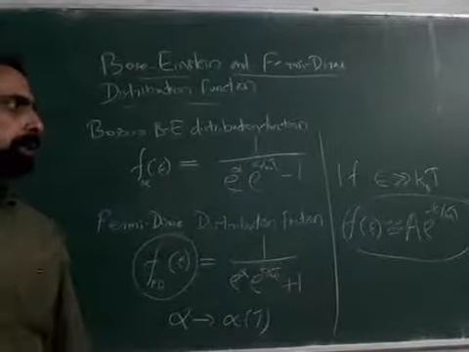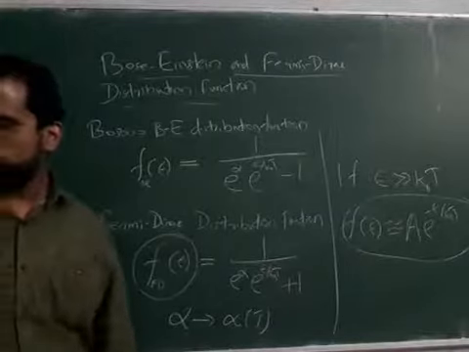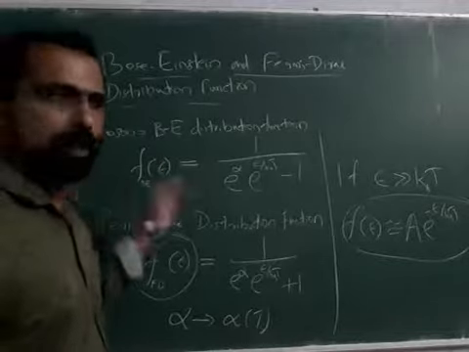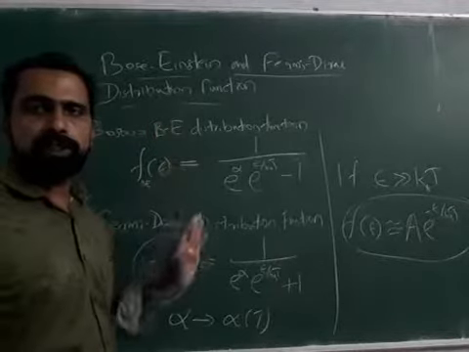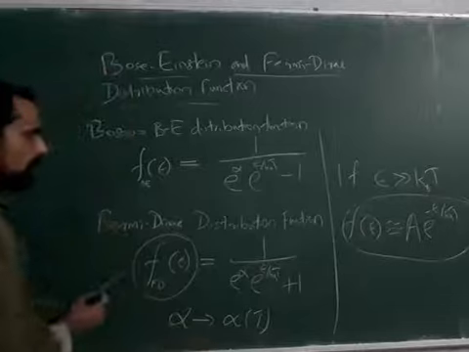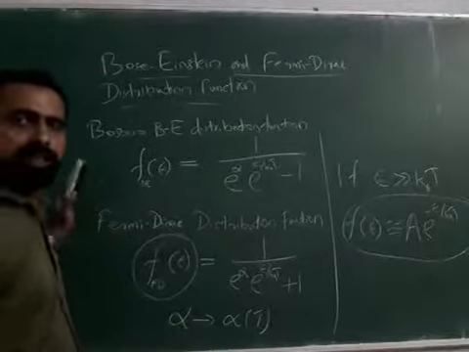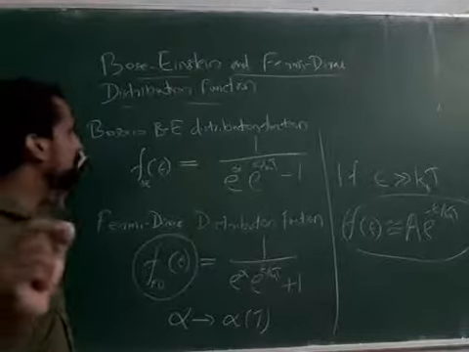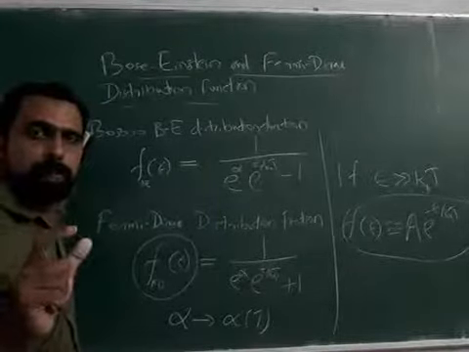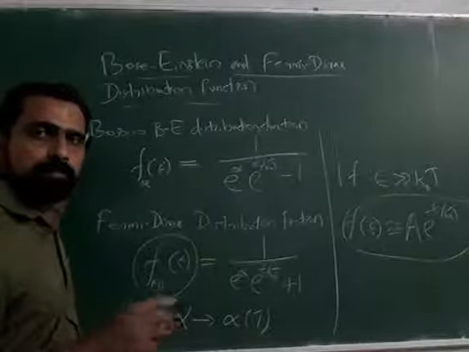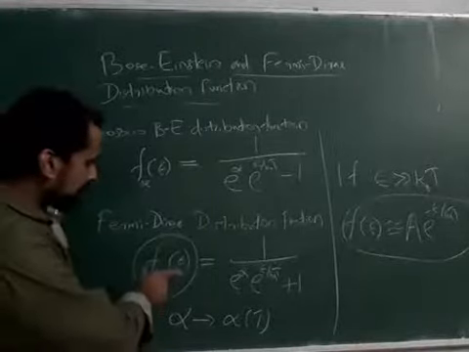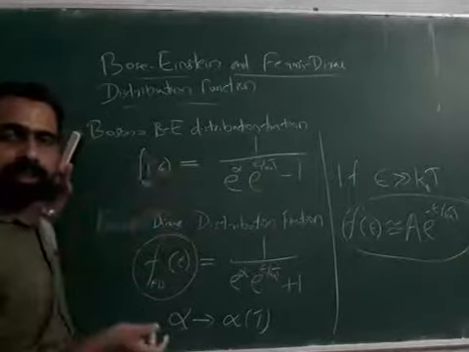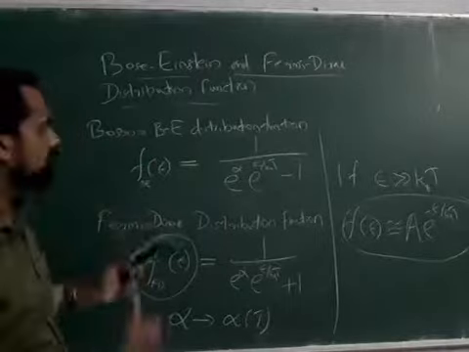If you draw the distribution function versus epsilon, the energy, for these three distribution functions, how does it come? You have to keep in mind, when you find the probability density, which one has the highest? The highest one was for the bosons. Then the maximum is 1 for fermions, and the Maxwell-Boltzmann is in between. So we will draw it.